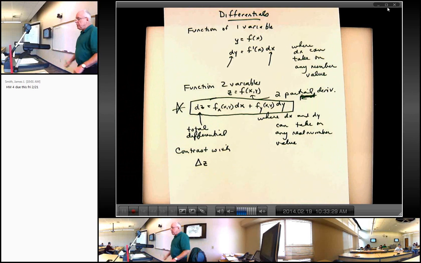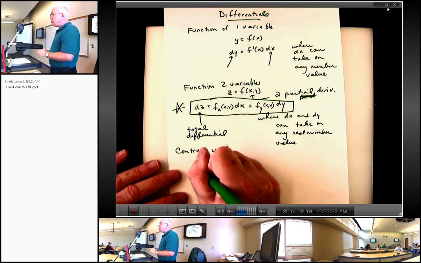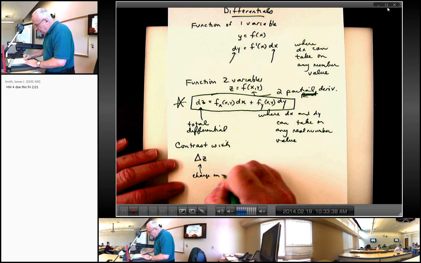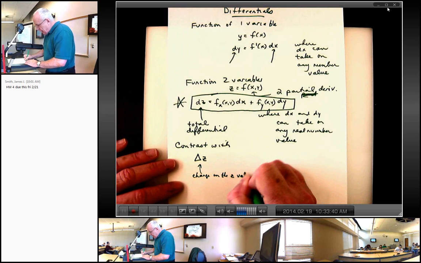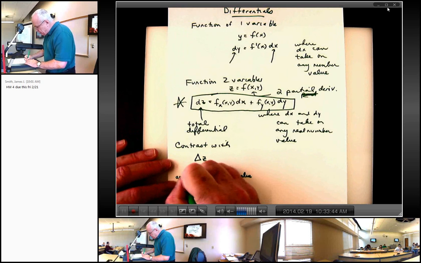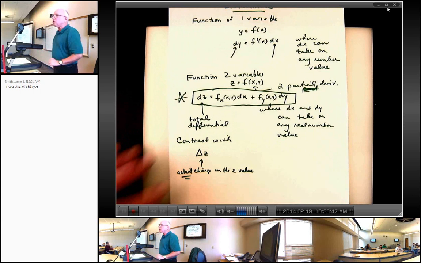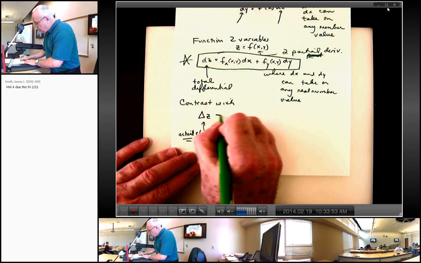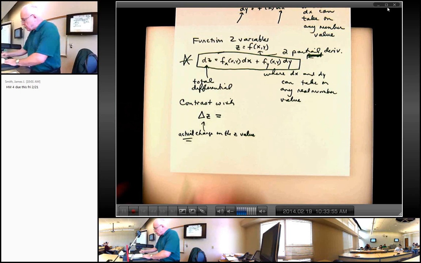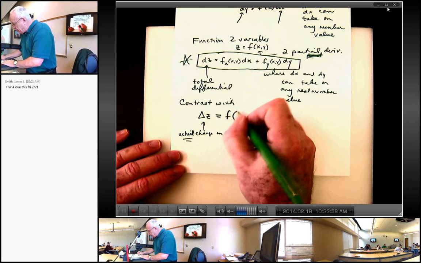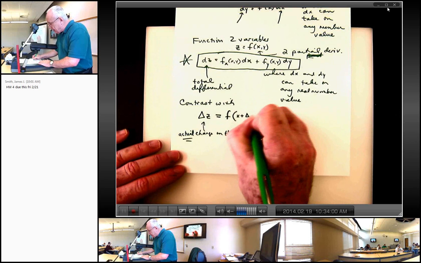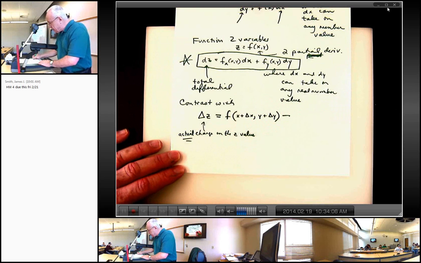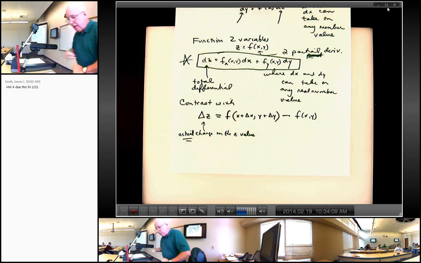Now, delta z is the change. Delta represents change. This is the change in the z value. And more importantly, it's the actual change in the z value. So let me get this up higher. So what this is, okay, this is going to be our function applied to x plus some delta x, y plus some delta y, minus the function just applied to x and y.